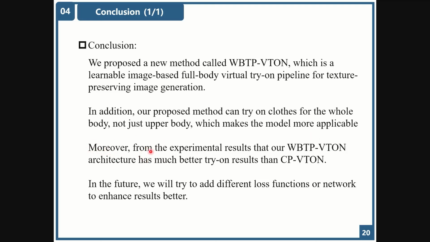Moreover, from the experimental results, our proposed model has much better try-on results than CP-VTON. And in the future, we will try to add different loss functions or networks to enhance the results.